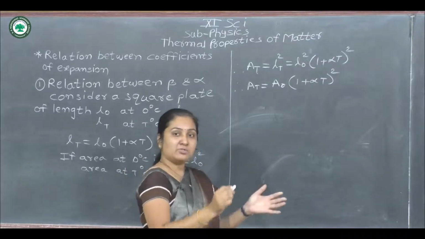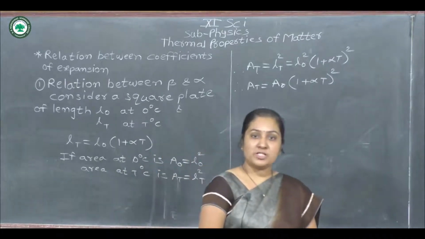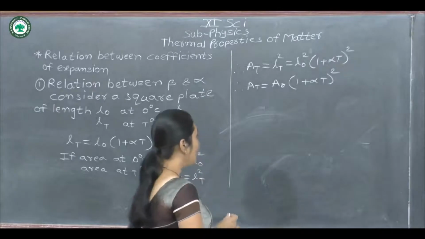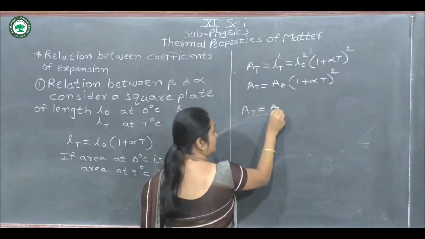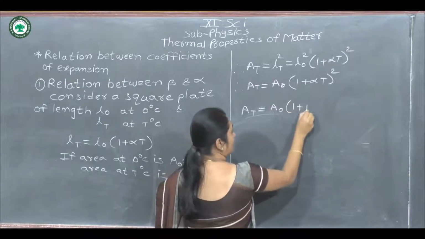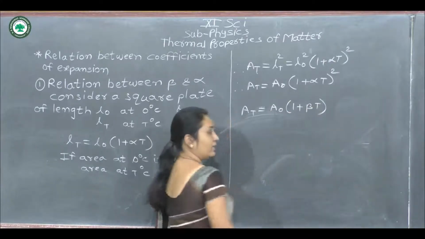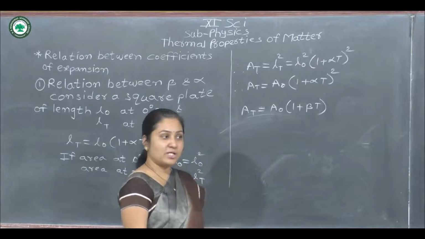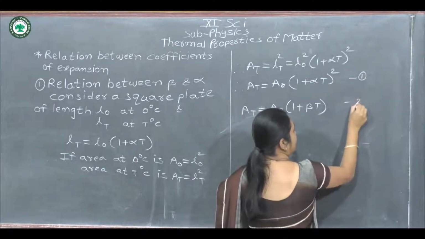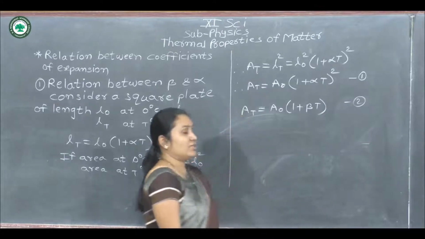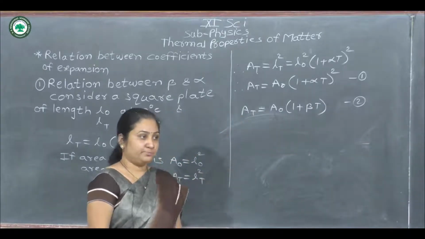Similarly, by using the formula of the coefficient of areal expansion, we have AT equal to A0 in bracket 1 plus beta T. So this is equation 1 and equation 2.